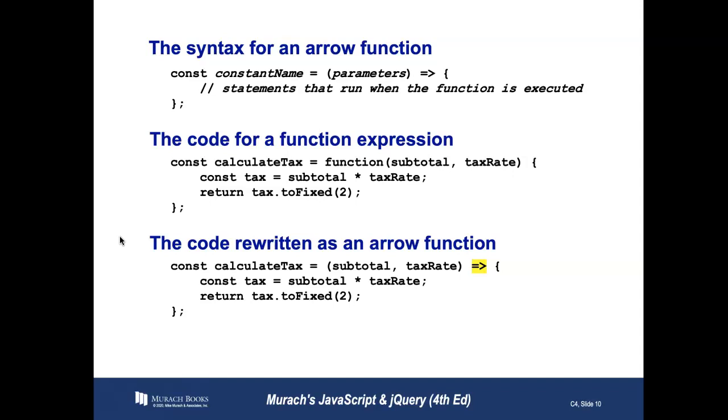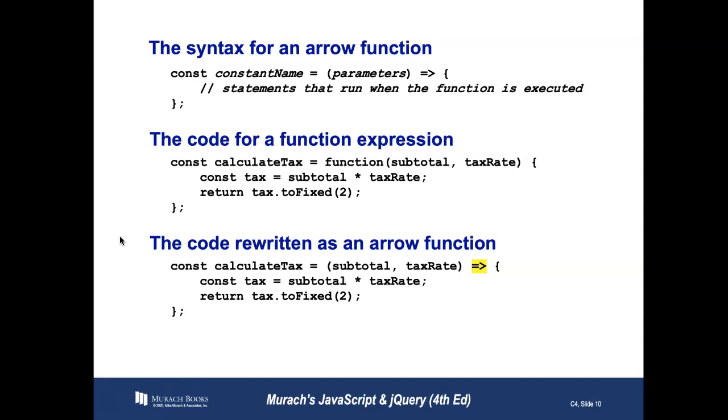If we have the function expression in the middle block of code there, where const calculateTax equals the function call, and we'd call it with calculateTax, we would rewrite that as const calculateTax equals, then the two arguments, then the arrow, and then the same block of code after. So that's the shorthand arrow syntax.